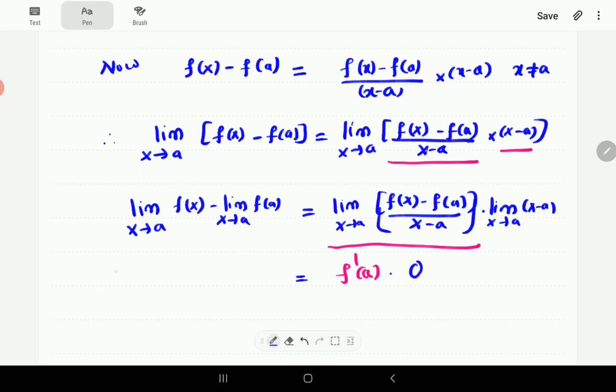On the other hand, I have here the limit of f of x as x is tending to a, minus the limit of f of a as x is tending to a.